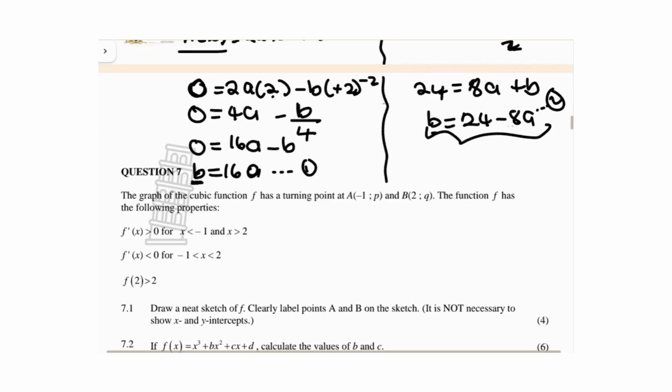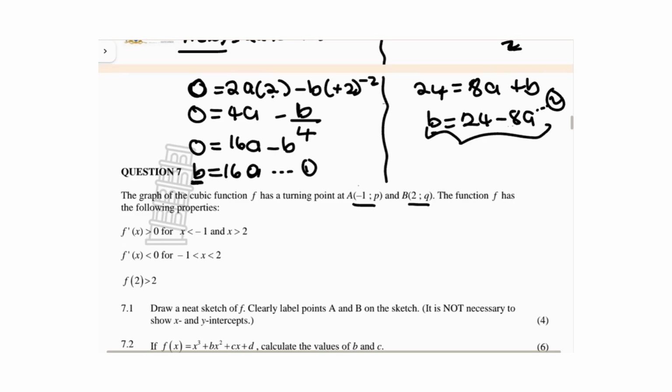Firstly, they are giving us 2 turning points. One is at (-1, p), the other one is at (2, q). We don't have p and q, but it's fine. And they give us their properties. They say f prime x, meaning the first derivative, is positive when x is less than -1 and when x is greater than 2.